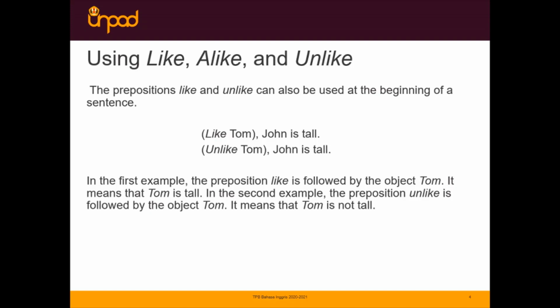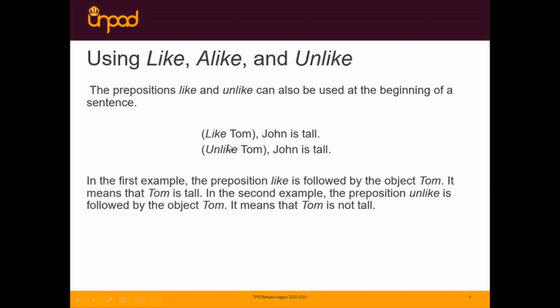Another thing that you need to know is that the prepositions like and unlike can also be used at the beginning of a sentence. Have a look at these two sentences. Sentence 1 says, like Tom, John is tall. Sentence 2 says, unlike Tom, John is tall.